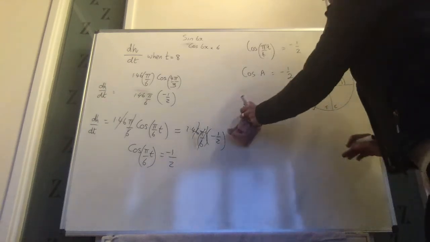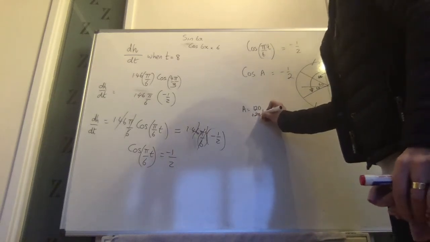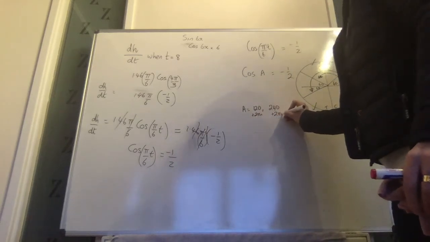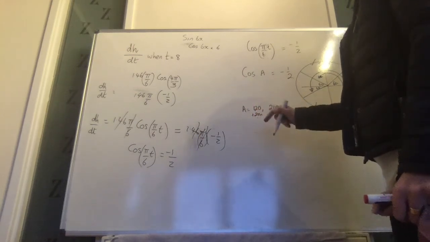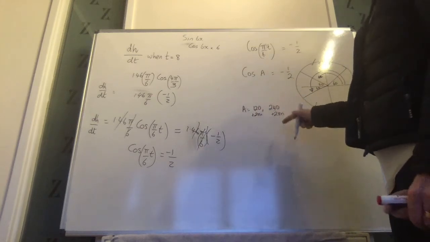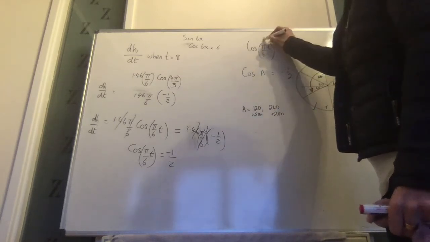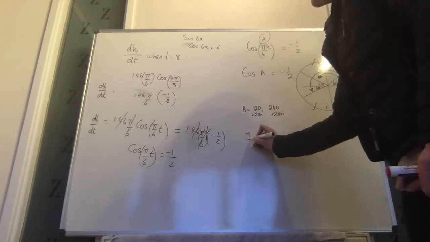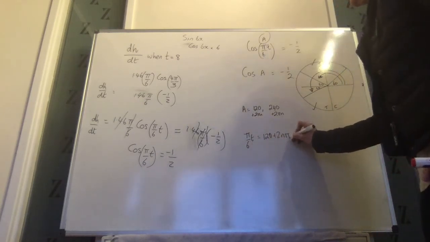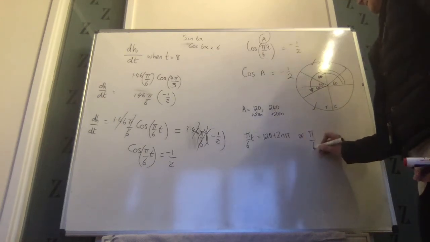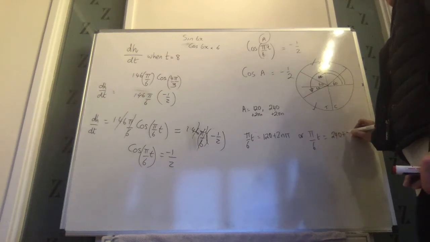That's if we're in degrees, but since we have pi's, we should stick with radians, plus 2 pi n. So whenever A is 120 plus 2 pi n, or 240 plus 2 pi n, then we know that the cosine of A is minus a half. This is our A. So what we're saying is when pi over 6t is equal to 120 plus 2n pi, or when pi over 6t is equal to 240 plus 2n pi.